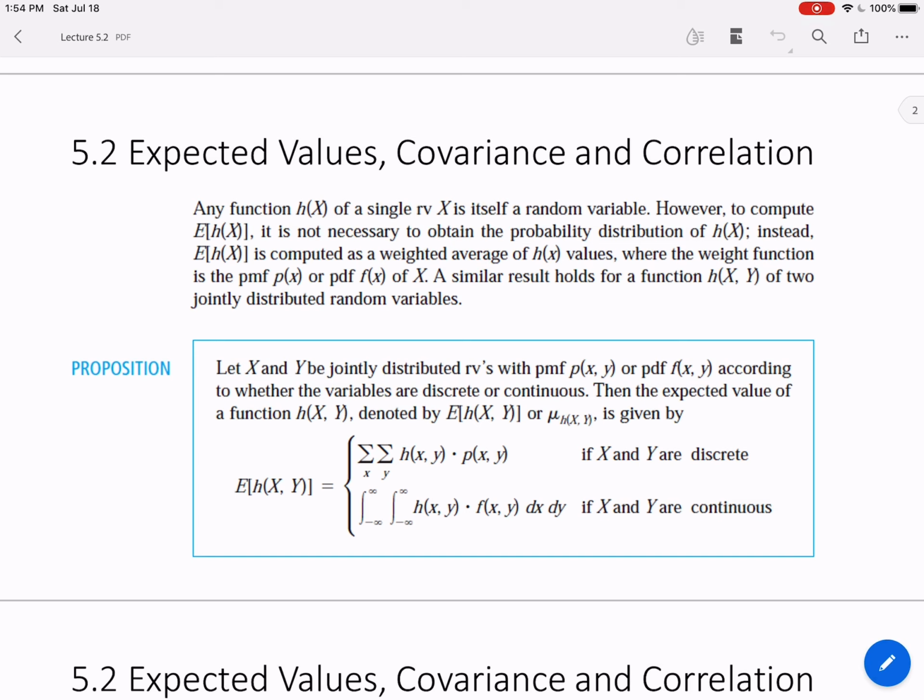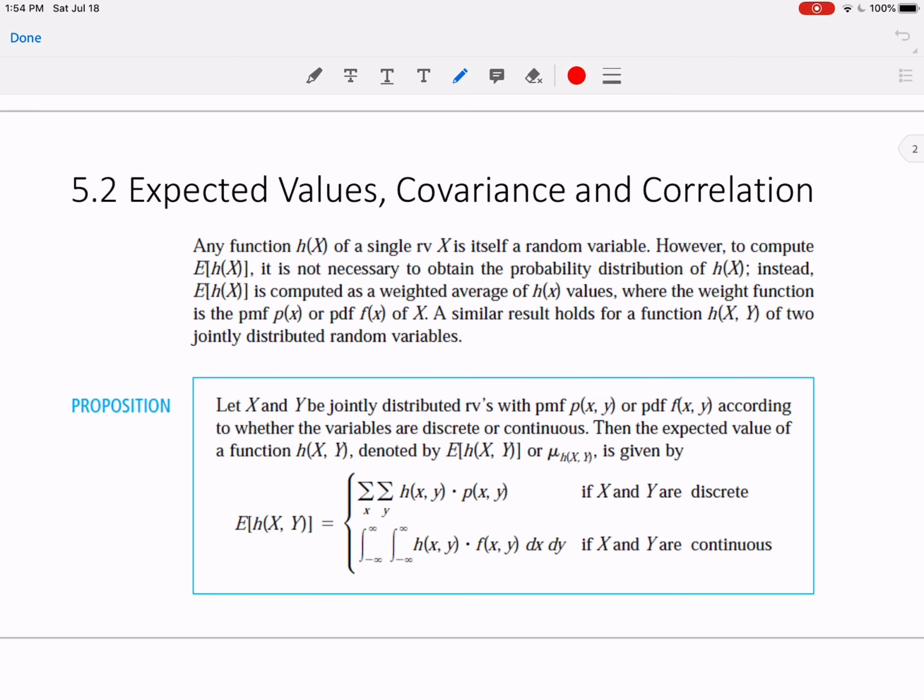So before talking about the expected value of jointly distributed random variables, first of all let's take a look at the expected values we learned before. Assume that X is a continuous random variable with PDF f of x.